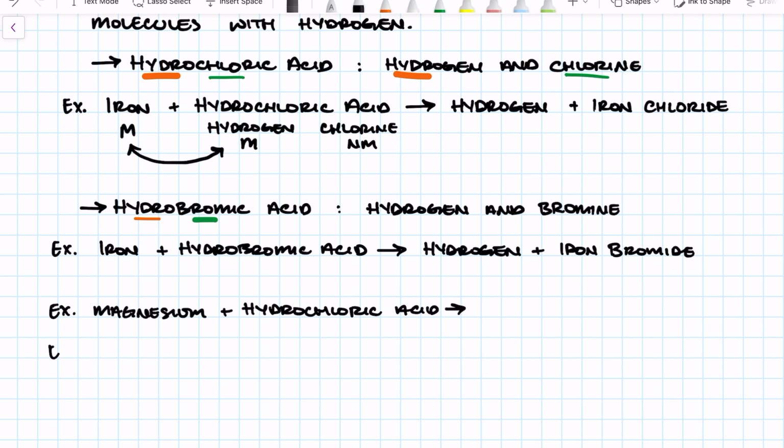And what would happen if we were to combine zinc along with hydrobromic acid? All right, you could go ahead and try to complete this and see what you come up with, and we'll continue on with our lesson later.